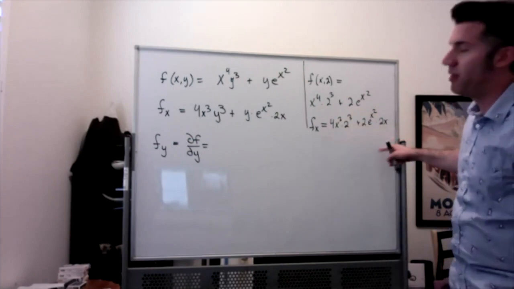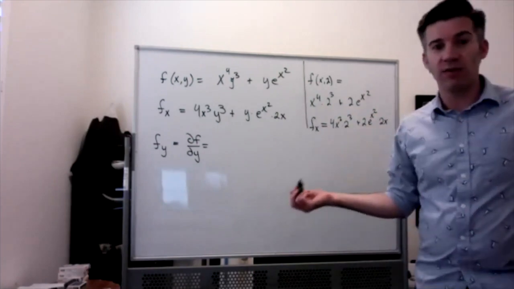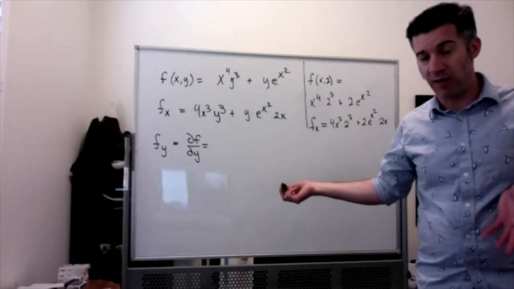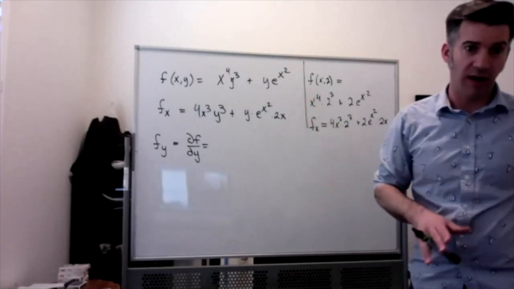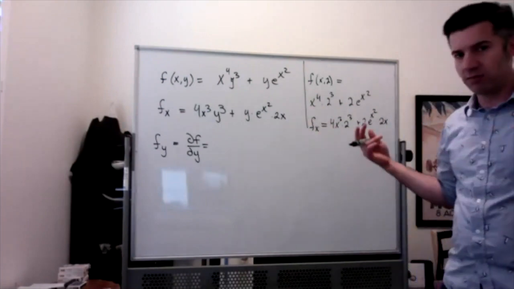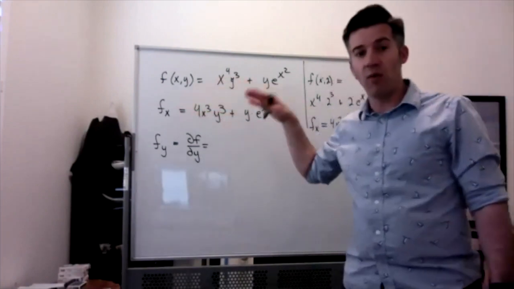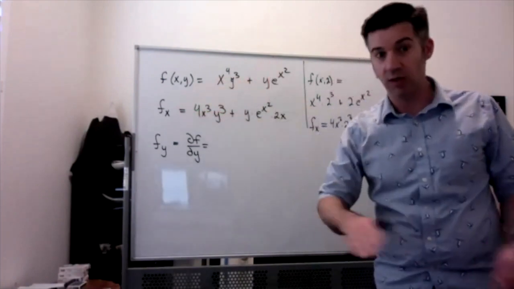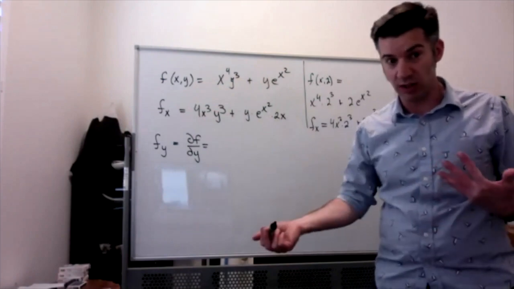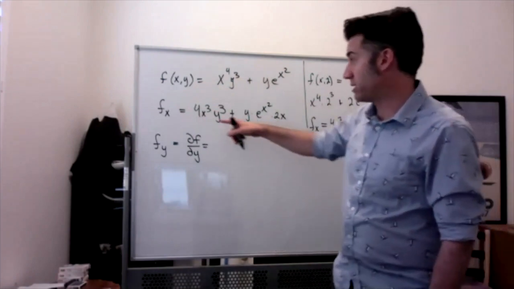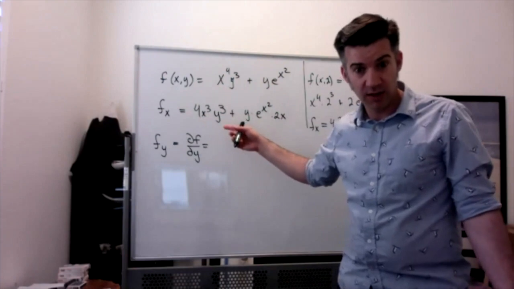But that's true no matter what constant you let y be. y could be 2, 3, or 7. Instead of picking a particular value, we're saying y is some constant value, y isn't changing, and then we're asking what the derivative with respect to x is.